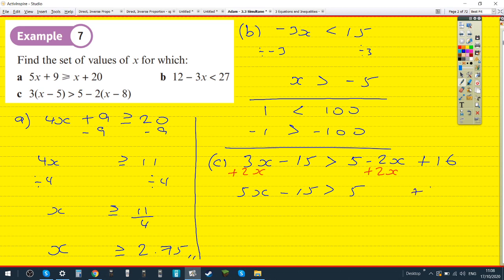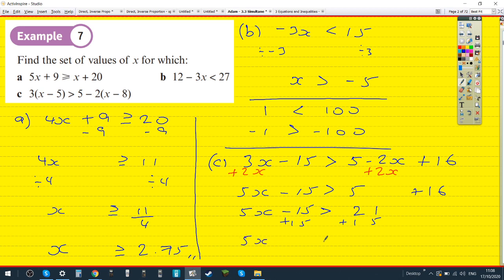And then could you simplify 5 plus 16 first? Yep, which would be 21. So it'd be 5x minus 15 is greater than 21. And then would you add 15 on both sides? So it'd be 5x is greater than 36.